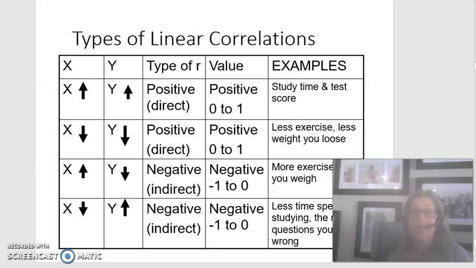When we talk about interpreting, depending on the way you measure things, you can say that there's a positive correlation between study time and test scores. Well, I can say the same kind of finding, but if I've measured it differently, I might have described it as a negative correlation. So if I looked at questions wrong instead of test score, that same data you're going to see as a negative correlation, because if I spend less time studying, I'm going to get more questions wrong.